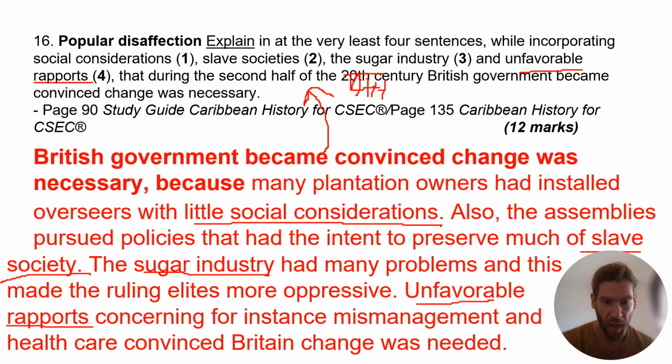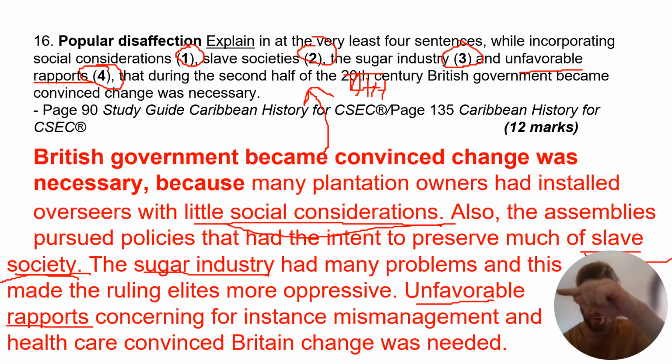So we see I have social considerations, slave societies, the sugar industry, and unfavorable reports incorporated. See that? Social considerations, slave society over here, then the sugar industry over there, and unfavorable reports over there.